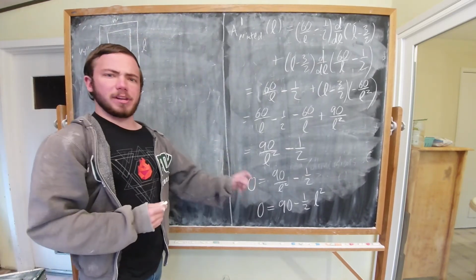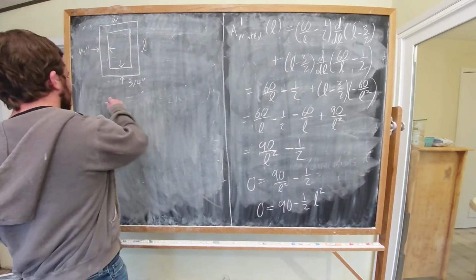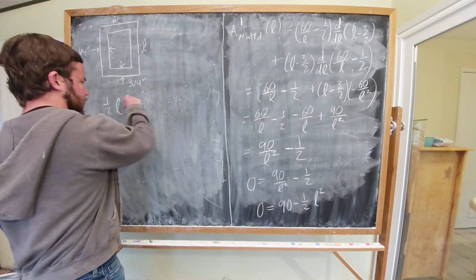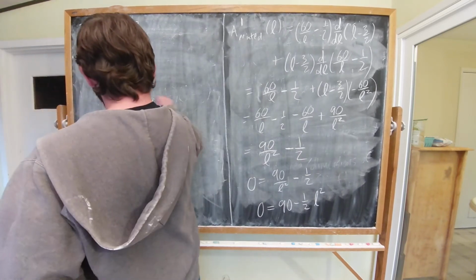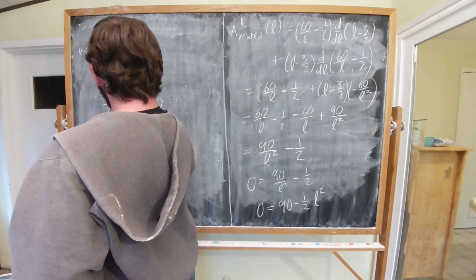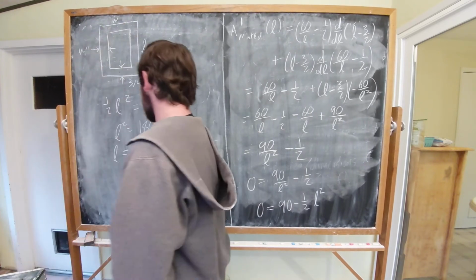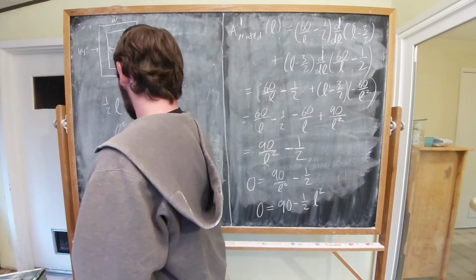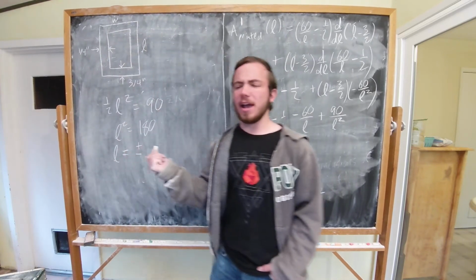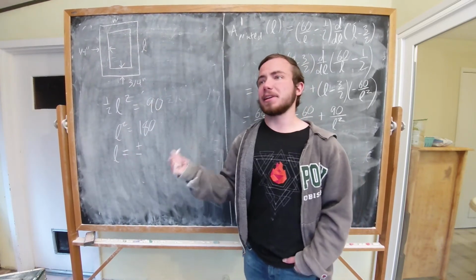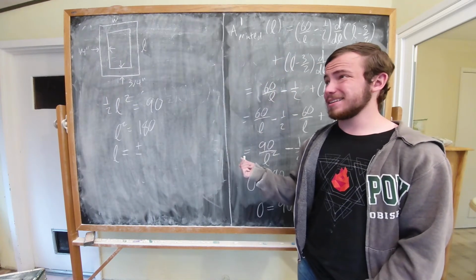Alright, 0 is equal to 90 minus 1/2 L squared. That means 1/2 L squared is equal to 90. L squared equals 180. L is equal to plus or minus square root of 180, which is 9 times 20.